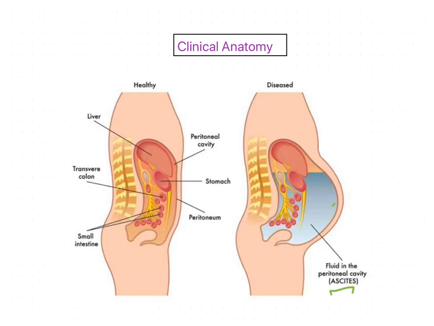The common causes of ascites are cirrhosis of liver, tubercular peritonitis, that is infections, congestive heart failure, and also malignancies of the peritoneum. Also, the veins become prominent in cirrhosis of liver. So this is about ascites.